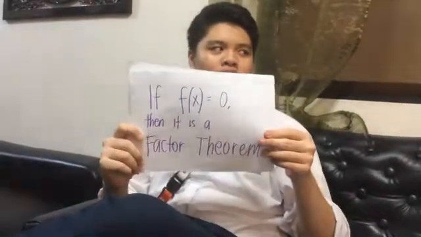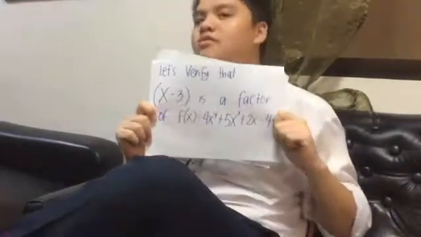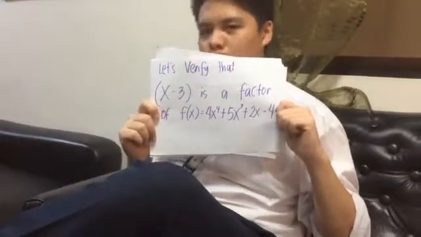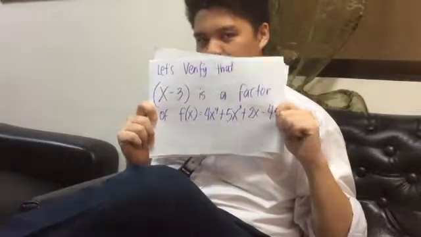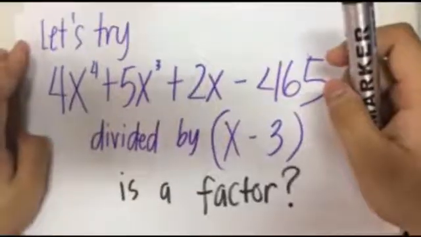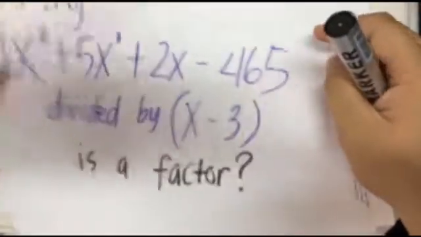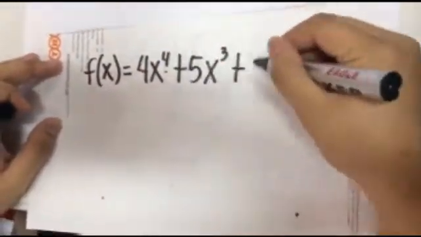Let's verify. x minus 3 is a factor of 4x^4 plus 5x^3 plus 2x minus 465. Same as the remainder theorem process. First, copy the given equation and let's say f(x) must be equal to 0 again.